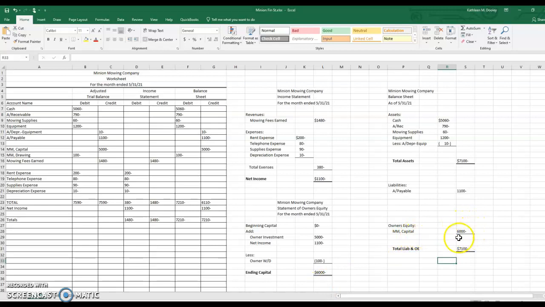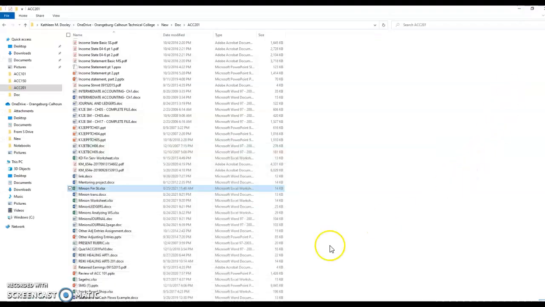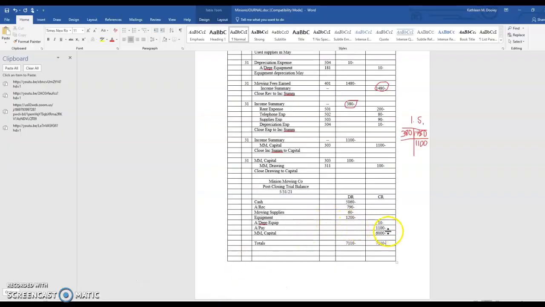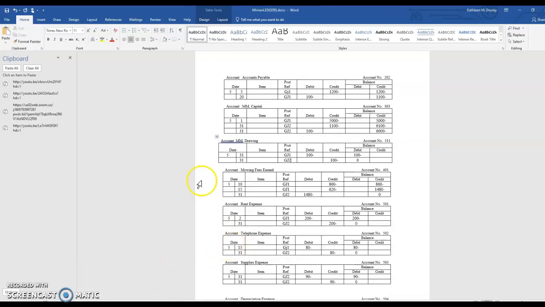We also had to use that as our ending capital balance for the balance sheet, 6,000. So now that we have closed the ledger, does the ledger equal 6,000 on the capital?